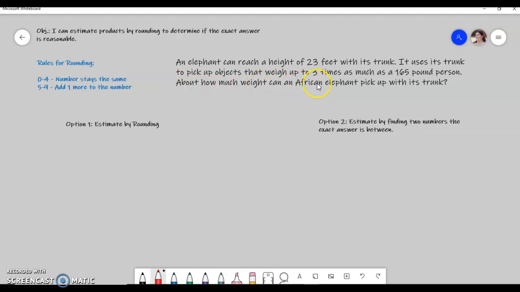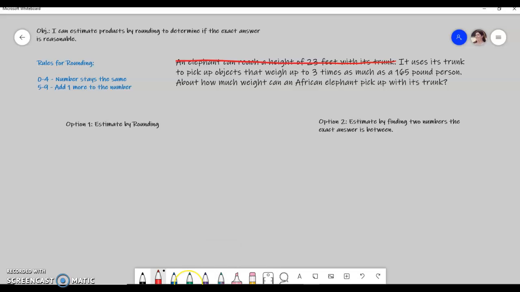About how much weight can an African elephant pick up with its trunk? What information do we not need? That's right, this first sentence, an elephant can reach a height of 23 feet with its trunk. While that is a cool piece of information, it is not necessary for us to solve our problem.